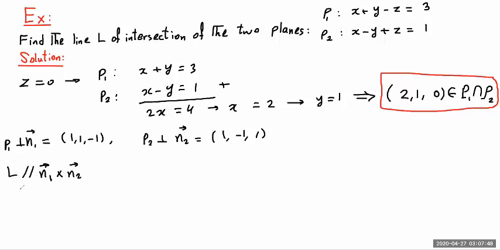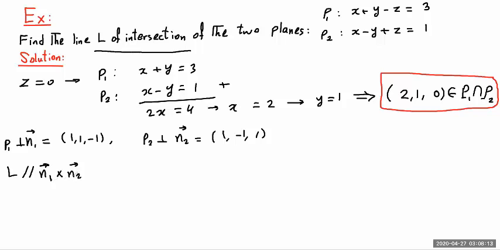What is L? L is the intersection line of these two planes. You can imagine that by sketching. If you didn't understand why this is correct, imagine sketching plane B1, plane B2, and the vectors n1 and n2.